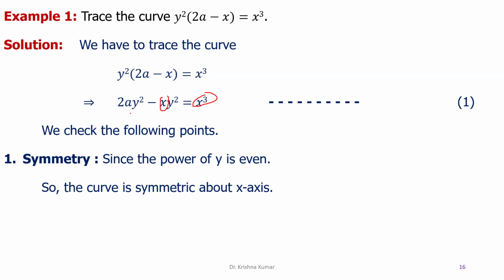If we replace y by x and x by y, the equation will also change, so it is not symmetric about the line y = x, and the same for the line y = −x. Hence, this curve is only symmetric about the x-axis.